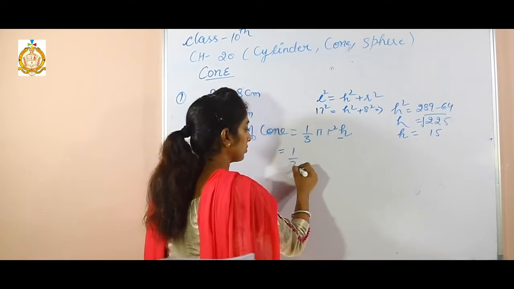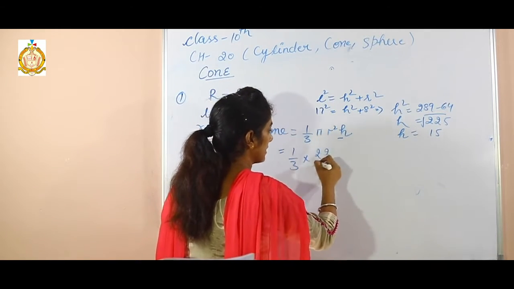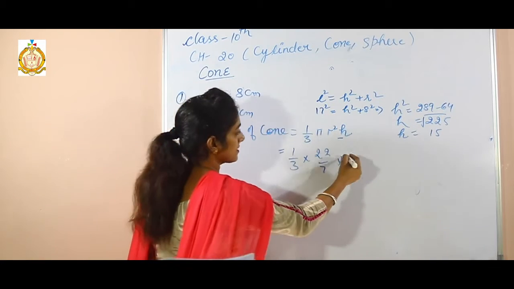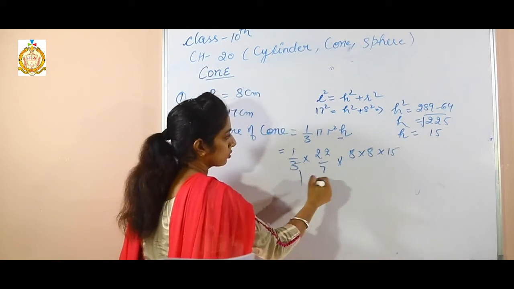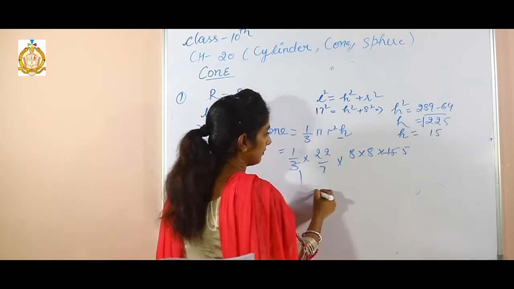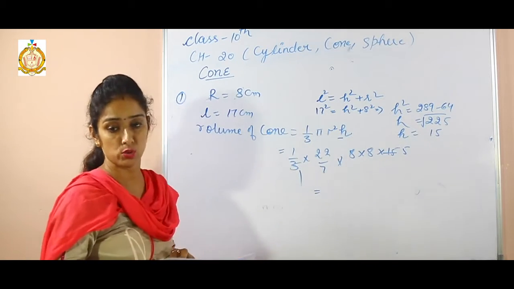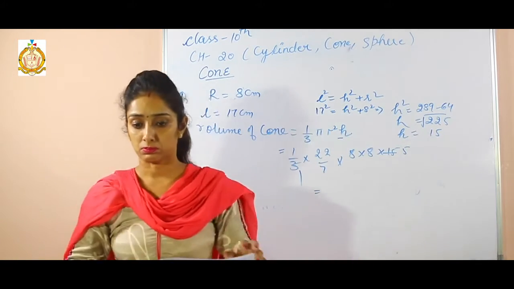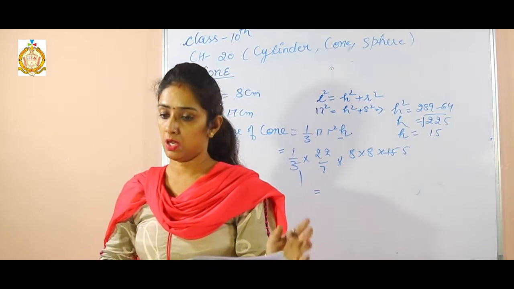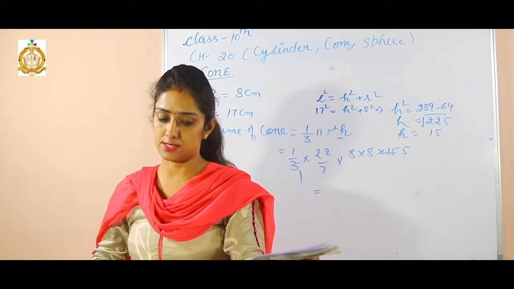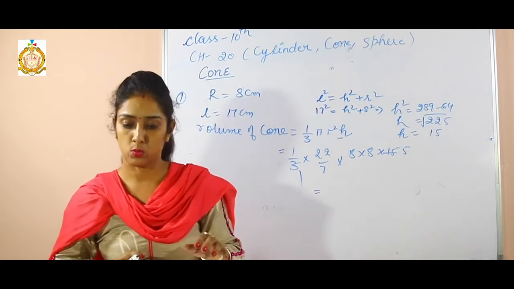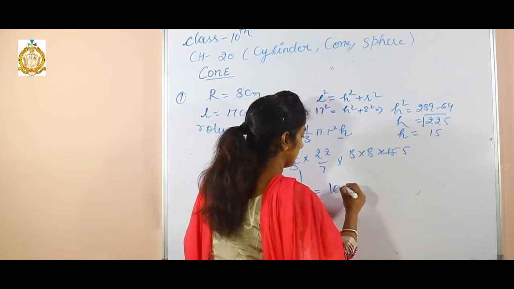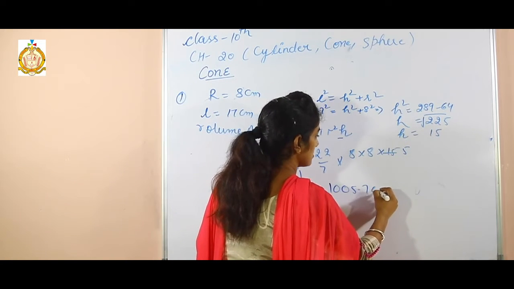Now 1 by 3 into 22 by 7 into 8 into 8 into 15. After solving it you get the answer, which is 1005.7 centimeter cube.